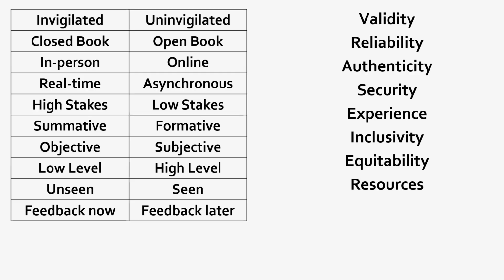This can be online, but it can still be real time. Asynchronous means an assessment is done in the learner's own time. Unseen means the learner does not know the details of the assessment task beforehand, whereas seen means they're given the exam questions or the assessment tasks. Now, we are going to go back over these with some examples that will hopefully make them clear, but I thought it's worth just introducing those here.